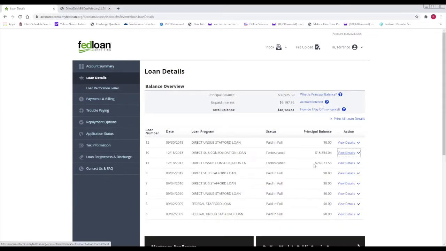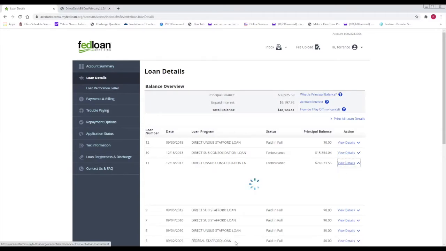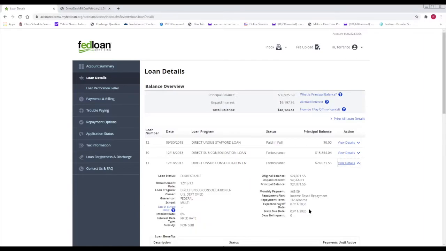That was the subsidized, and then this is the unsubsidized loan. Like I said, last week we talked about how you can't merge different loans together. We can see the original balance of this loan was 24,755, unpaid interest 4,056. So that leaves us back at that 24, and the monthly payment on that is 69.09.